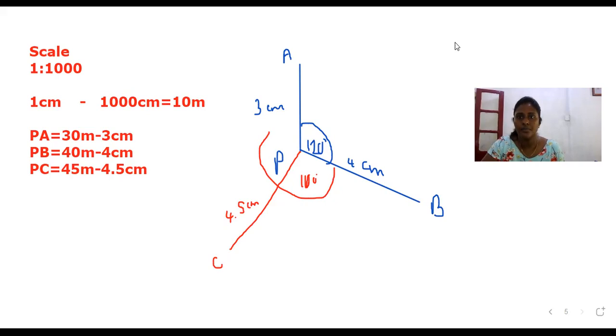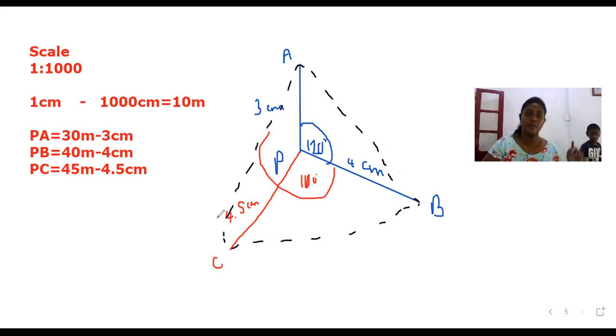After that, with dotted lines, you join AB, BC, and AC. You can measure the lengths of AB, BC, and AC. They are not given. According to your figure, you want to get the measurements.